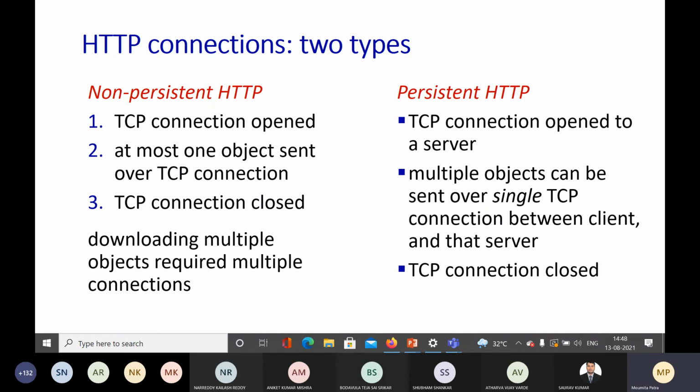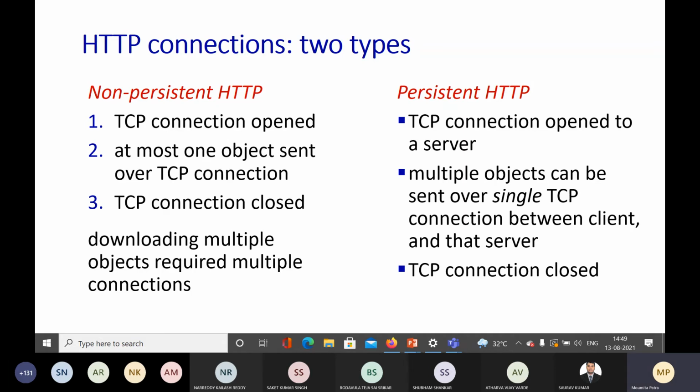Maybe downloading content, because once we have downloaded it, we don't need to make any more connection to the server. Yeah, that is true. But we are basically looking at HTTP from the point of view of web browsing.